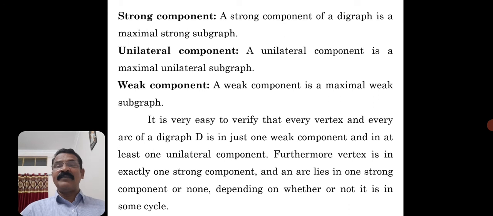A trivial digraph with only one vertex is also considered a strong digraph. And an arc lies in one strong component or none, depending on whether or not it is on some cycle. If it is on some cycle, then it will be in a strong component. Otherwise, no, because there should be two ways, A to B and B to A. So it depends on the situation.